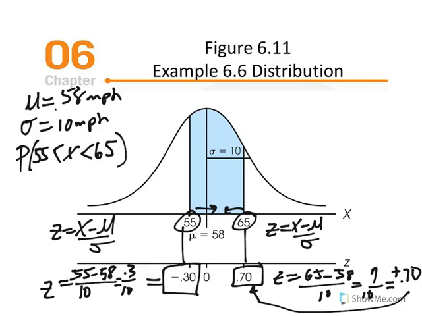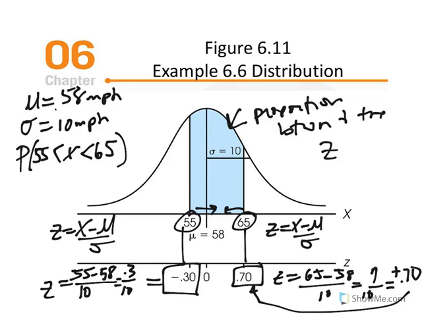All right, so now we see this blue shaded area, and it's not just one area of interest. We're going to have to approach it by recognizing that this is the proportion between the mean and the z, and so is this. But we're going to look at these two different z-scores and report those two proportions, and as you would imagine, sum them together to identify that shaded area of interest.